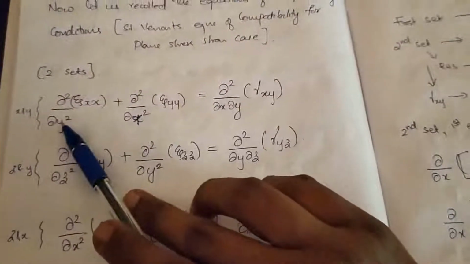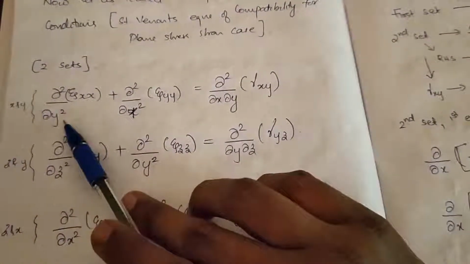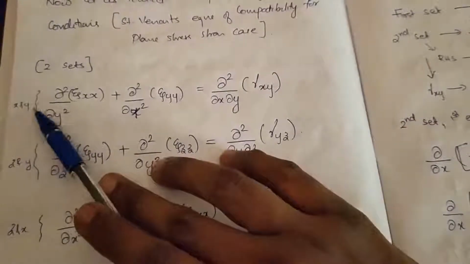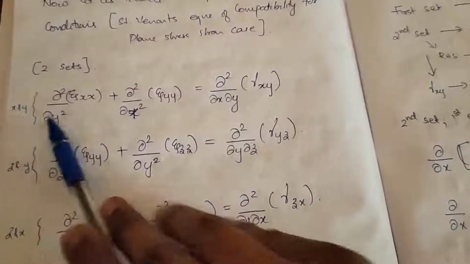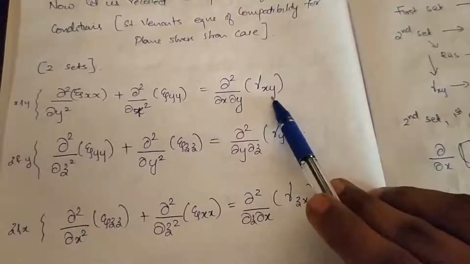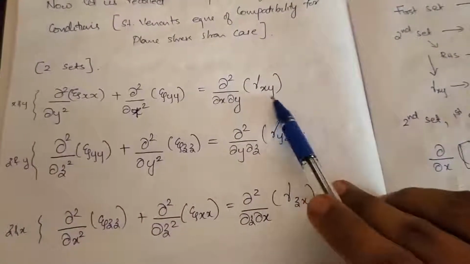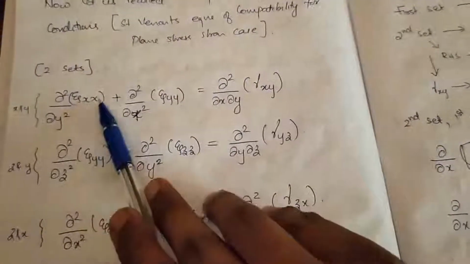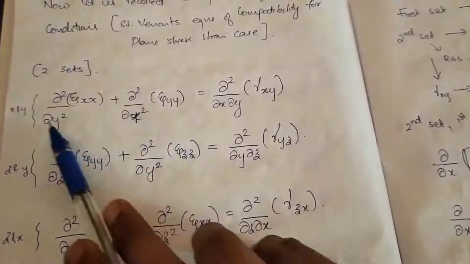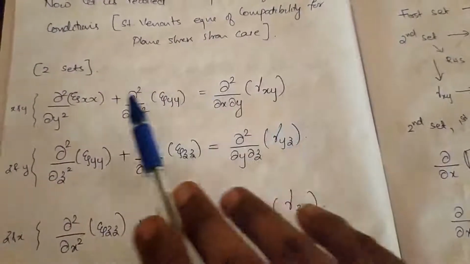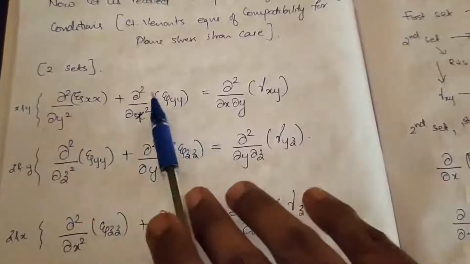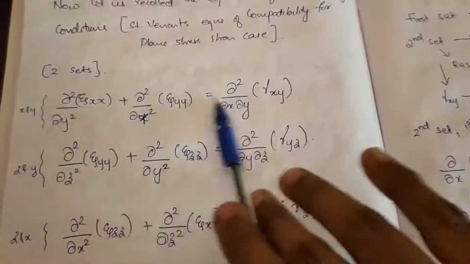Okay, that means the first set is dou square by dou y square. It's a relation between x and y. So x and y, if you take here gamma xy, you'll be having gamma xy. So here x and here y. Okay, x and y, both are double differentiated.